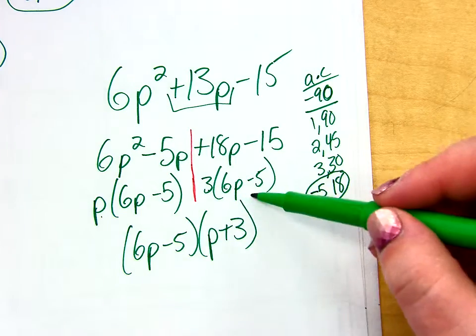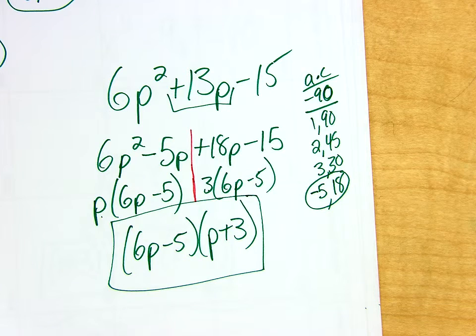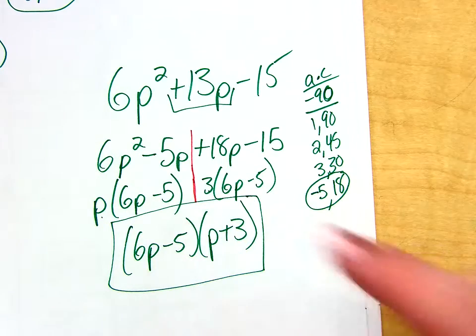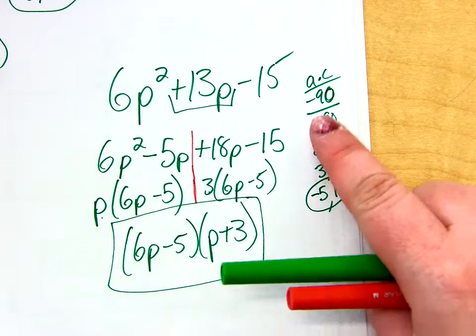So again, I don't care if you got this by making the t's or by turning it into a 4-term and splitting it like this. You will probably be faster if you do the t's, the guess and check. Do you see how the numbers can get kind of big with this method?